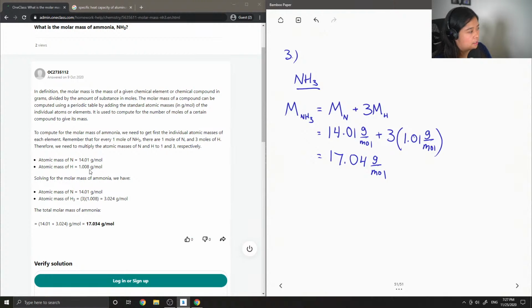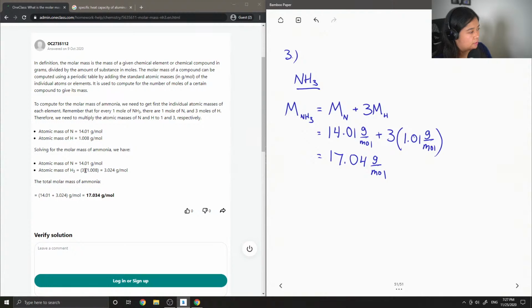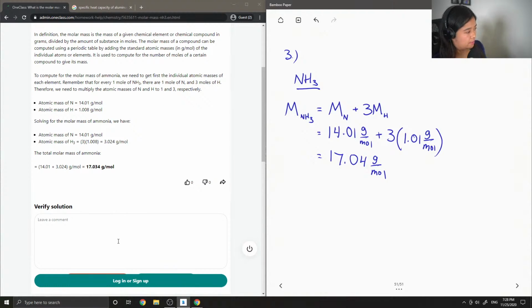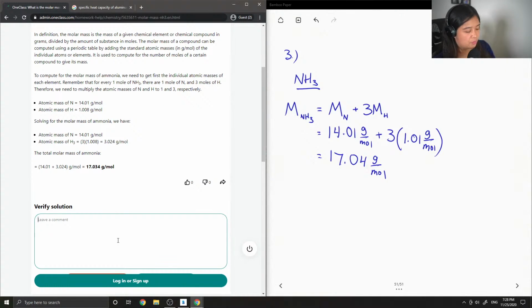So they just summarize the atomic masses of both nitrogen and hydrogen. And then solving for the molar mass of ammonia, we have 14.01 plus 3.024, and they got a value of around 17.034 grams per mole. Yep, so this solution is correct.